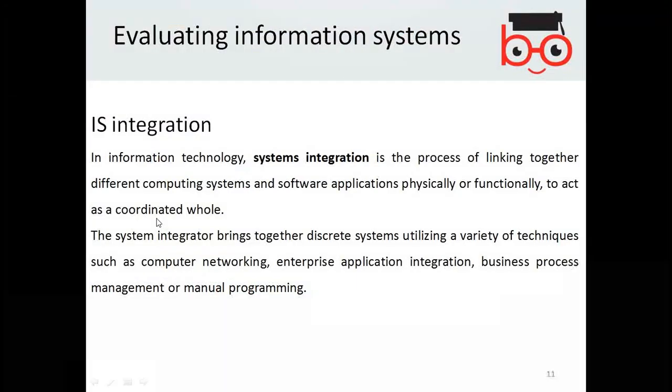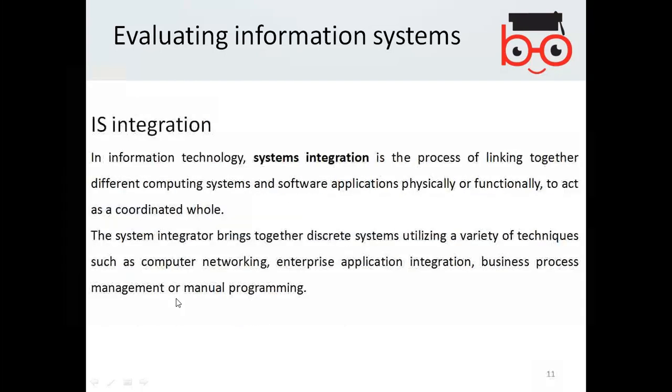Now we look at the integration. In information technology, system integration is the process of linking together different computing systems and software applications physically or functionally to act as a coordinated whole. The system integrator brings together discrete systems utilizing a variety of techniques such as computer networking, enterprise application integration, business process management, or manual programming.